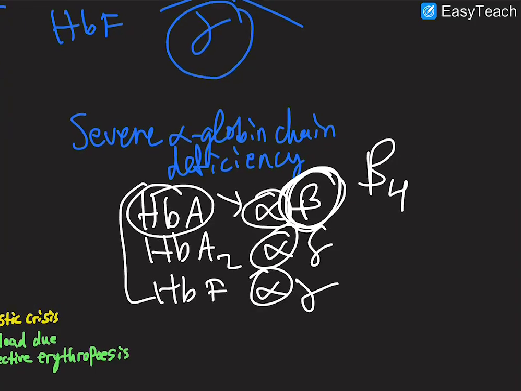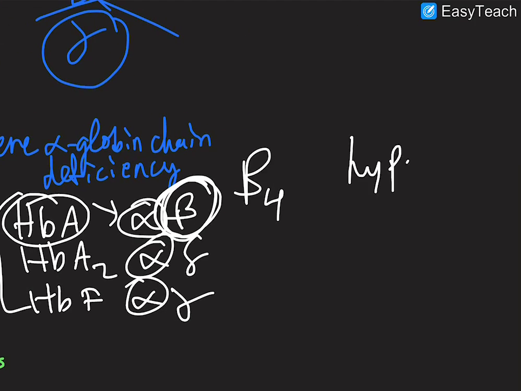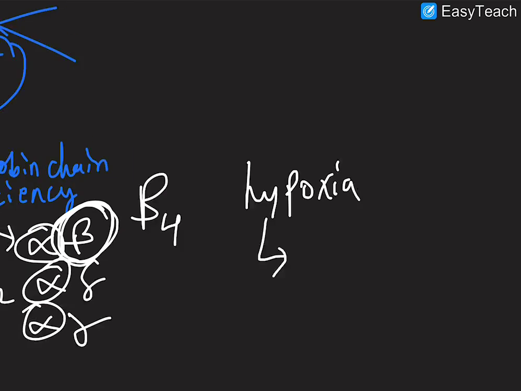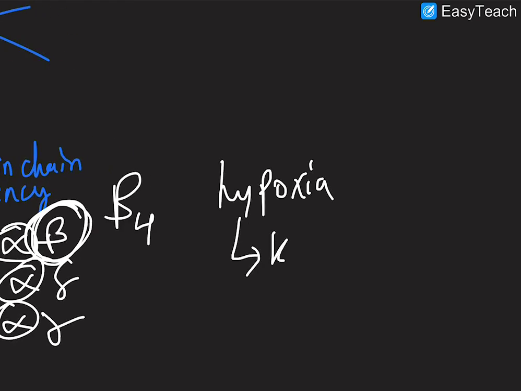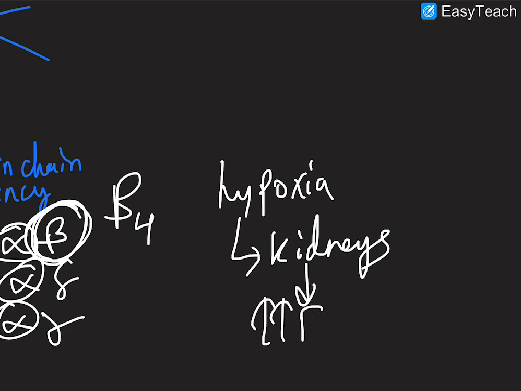But remember, if you get hypoxia because of ineffective delivery of oxygen, one of those tissues that can sense hypoxia are your kidneys. So what do your kidneys do in response to hypoxia? They secrete a lot of EPO, all right? And we'll see why that comes into play soon.